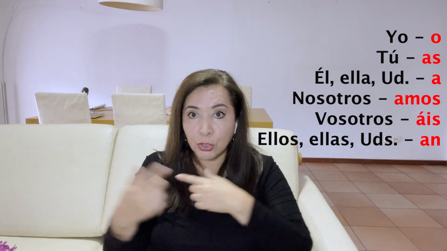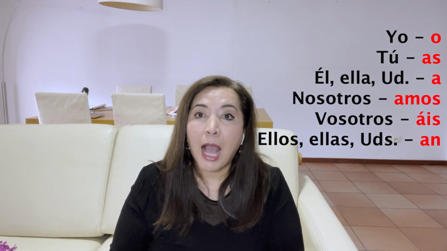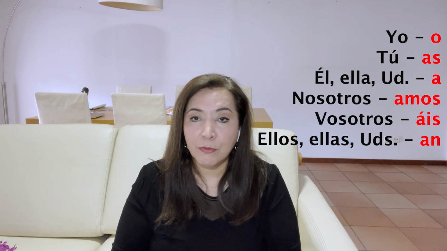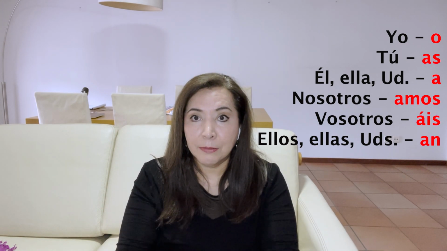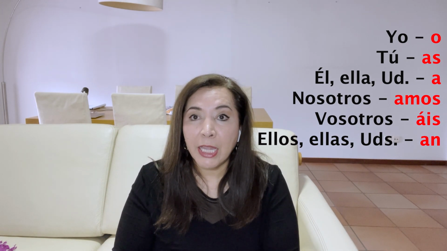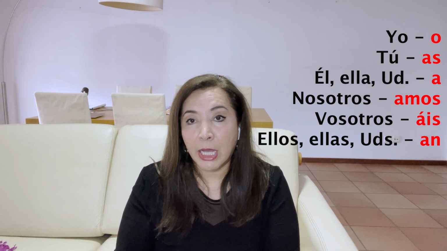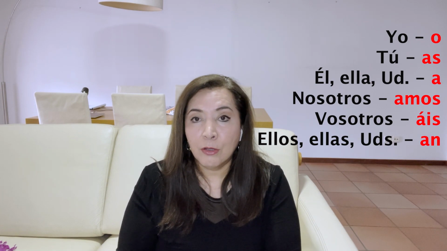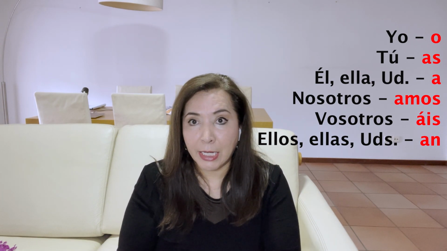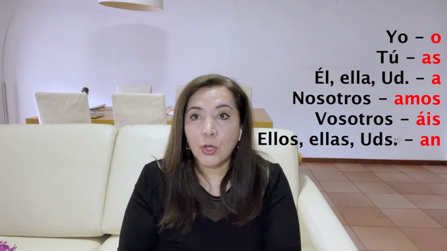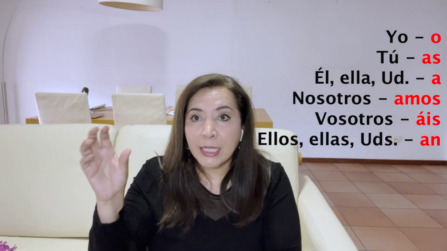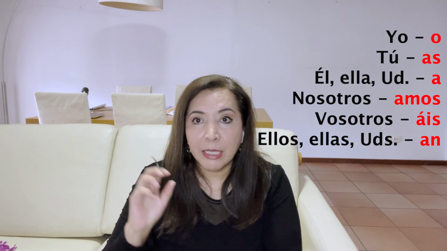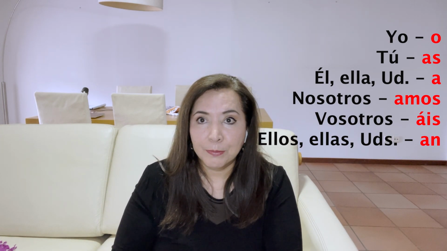For nosotros, including myself, amos. For vosotros, if you use the Spanish form, ais. For ustedes, if you use the you all that we use in the rest of the Spanish-speaking world, an. For ellos, ellas, an. Okay? So, o, as, a, amos, ais, an. You can skip ais if you don't use vosotros.